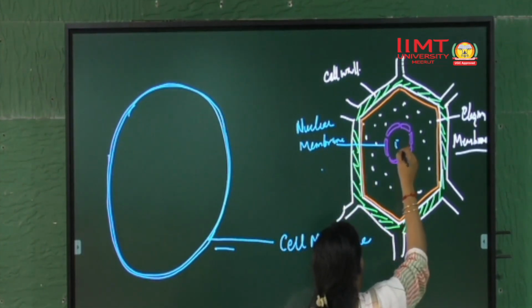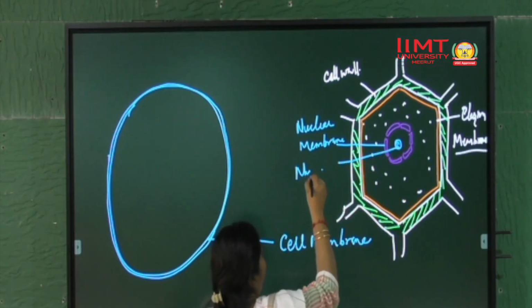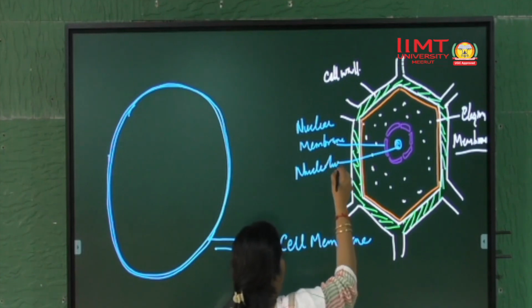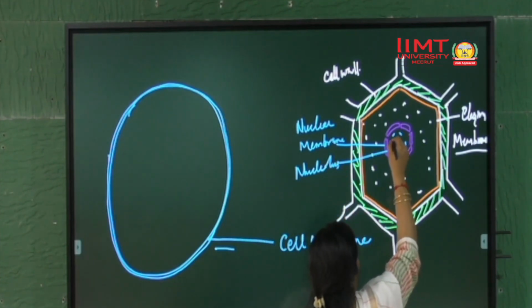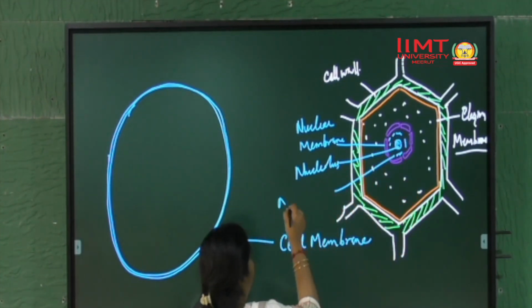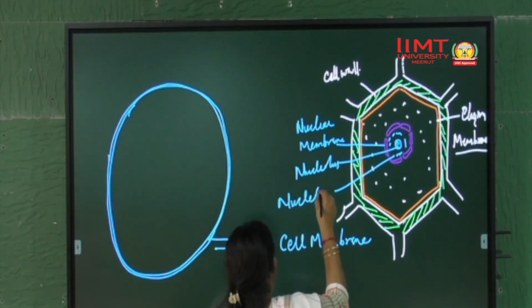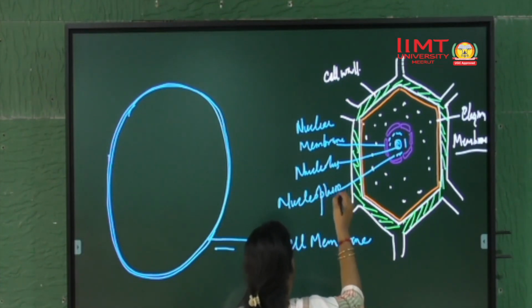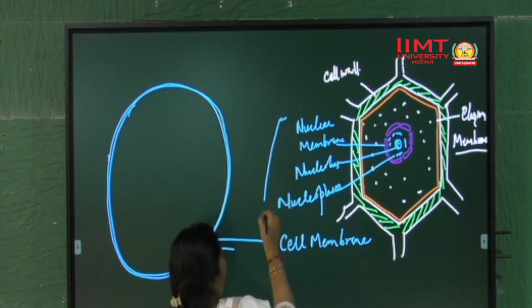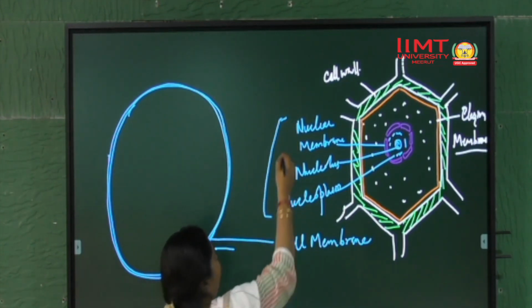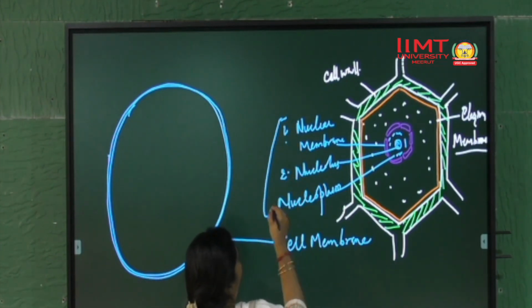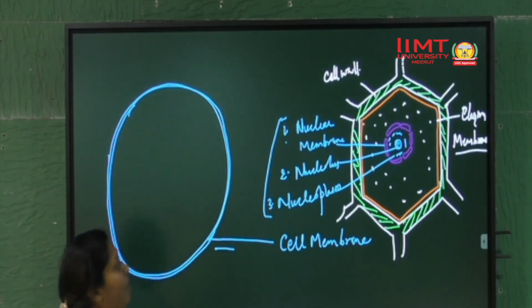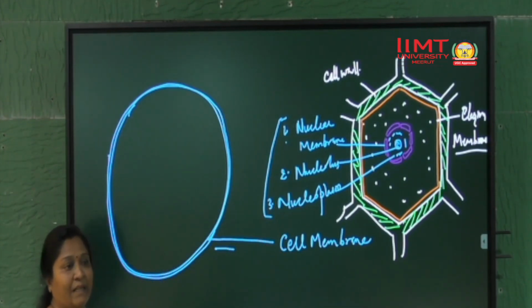Inside the nucleus one rounded structure is also found. This is called the nucleolus, and this is the nucleoplasm. If all the three components of the nucleus are present, then it will be named a true nucleus, and the cells will be known as eukaryotic cells.